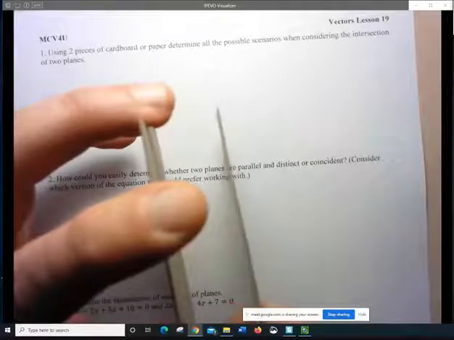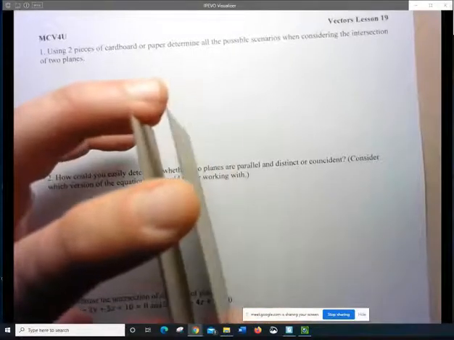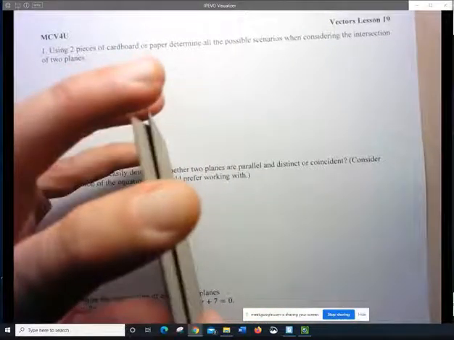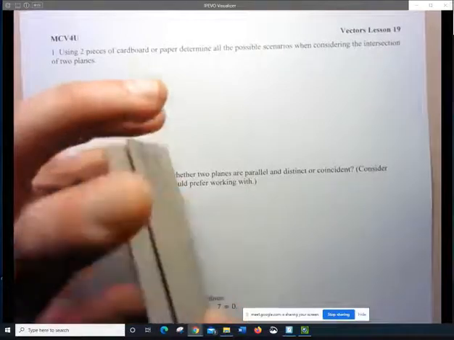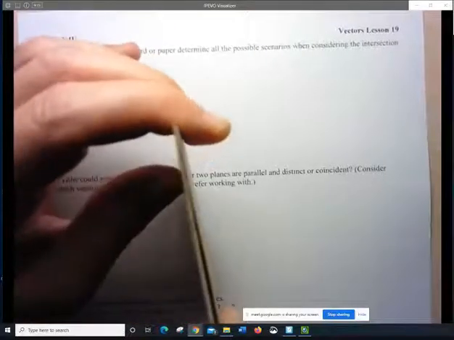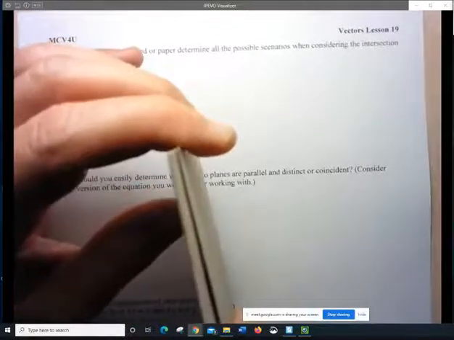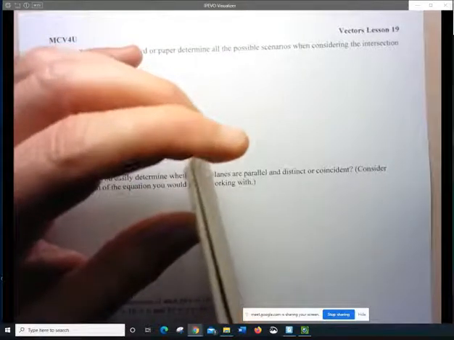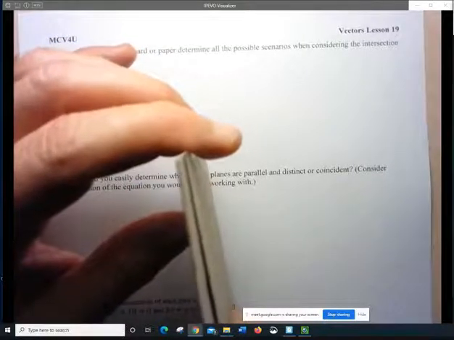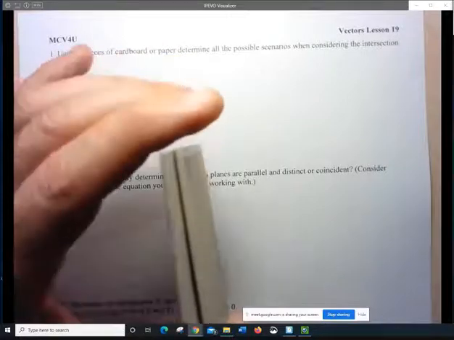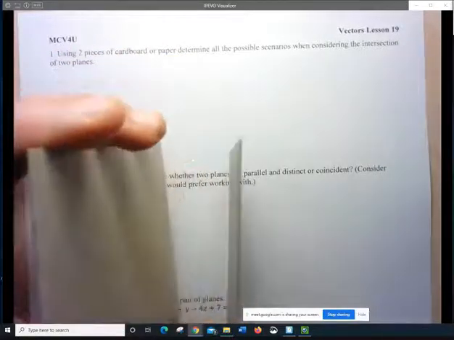But then somebody else is suggesting, well, wait a minute, what if the two equations actually represent the same plane? There we go. So in fact, the two planes are indeed the same plane. So there's infinitely many points of intersection, and essentially it's just all the points on the plane. Okay, so I think that covers all the scenarios where the planes are parallel.